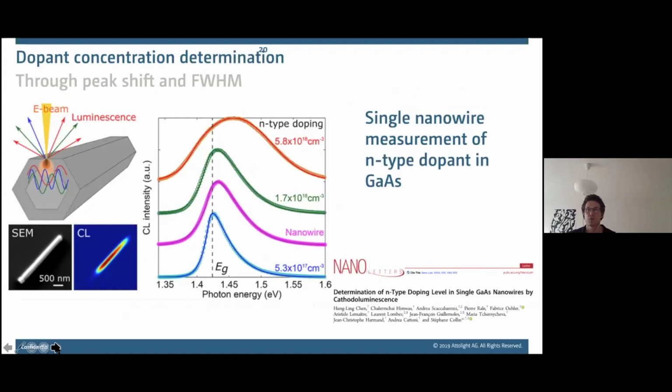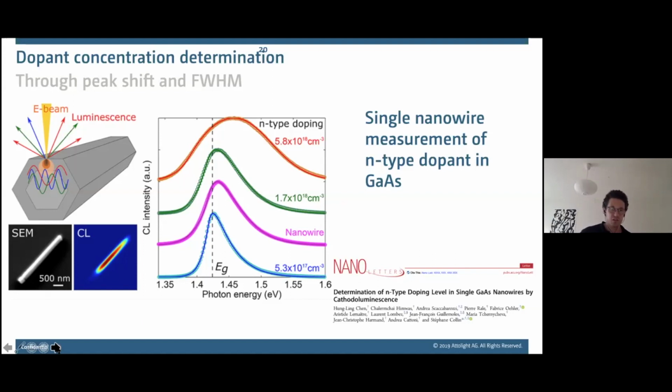Just another example of process development. When you create small scale materials such as these nanowires, it's always hard to tell, is my material properly doped if I want to make a device with it.